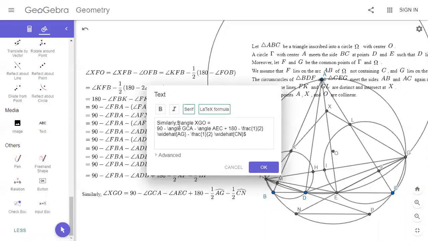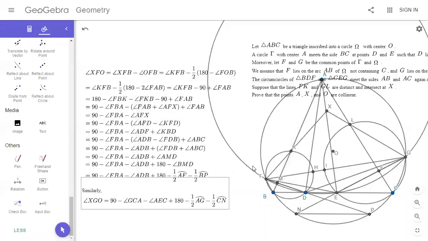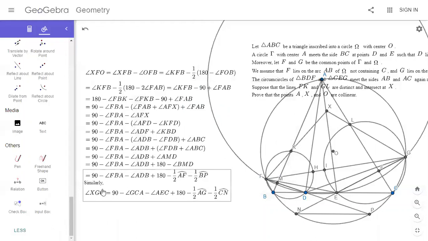Let me do this. But then everything in the first expression matches the second. So angle FBA is equal to angle GCA because arc AF is equal to arc AG.